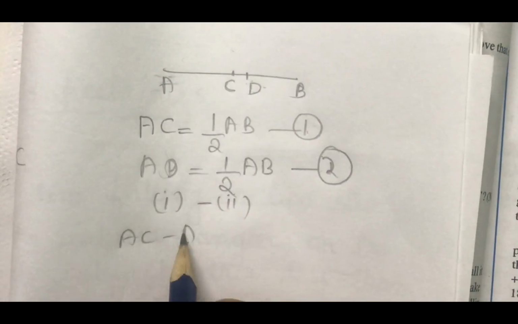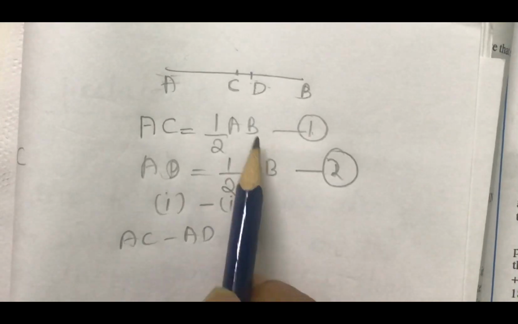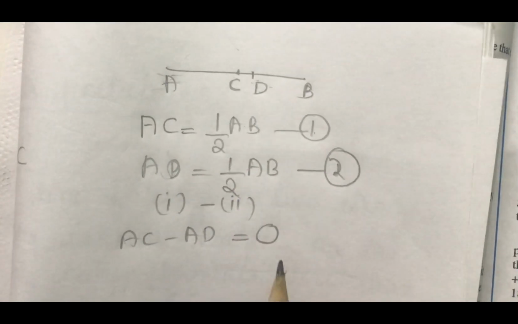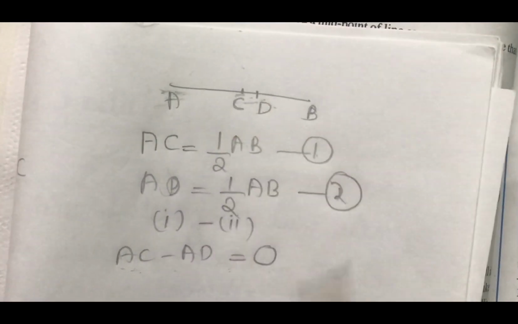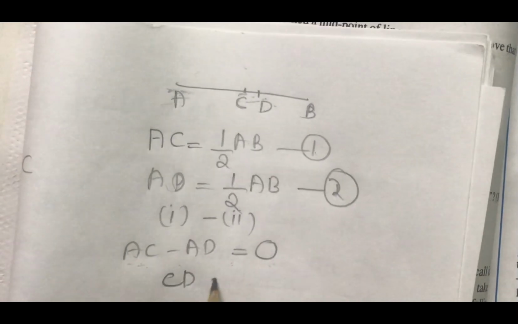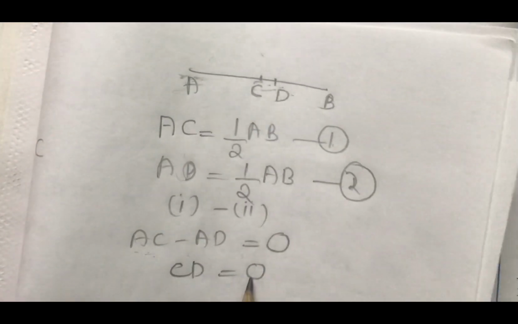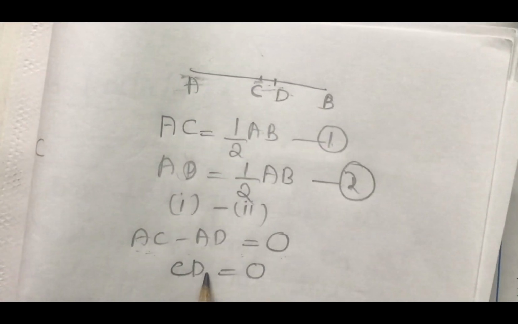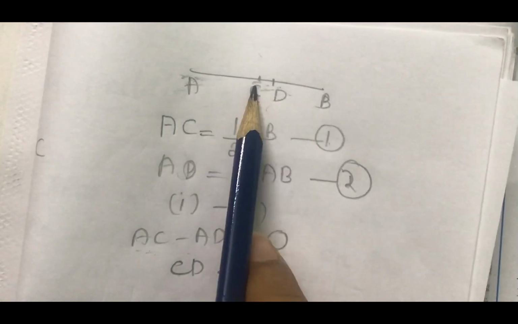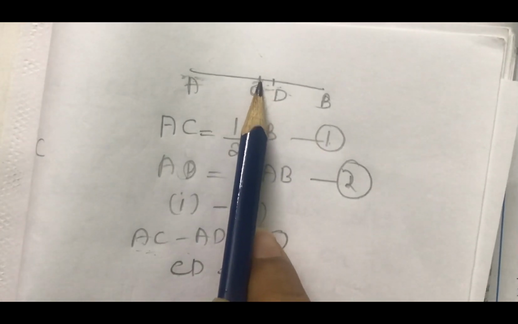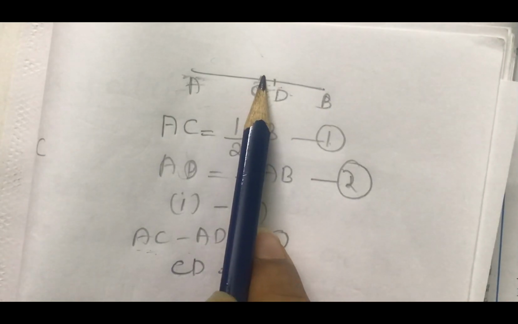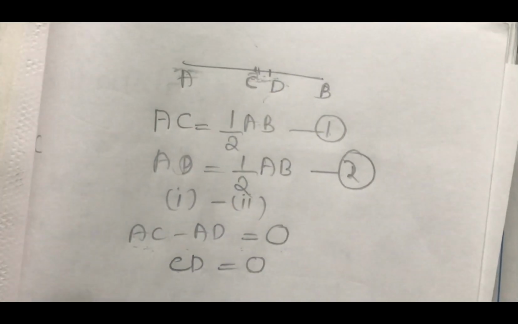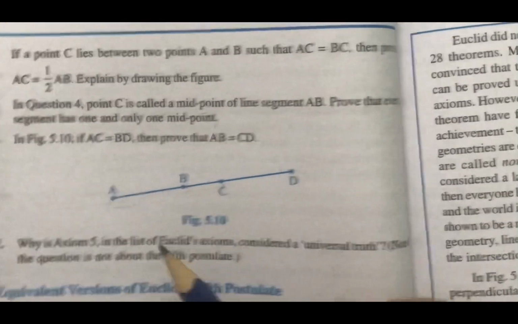AC minus AD is equal to half AB minus half AB, 0. AC minus AD is CD. CD is equal to 0. CD is equal to 0 means what? C and D coincide. So a line segment has only one midpoint.